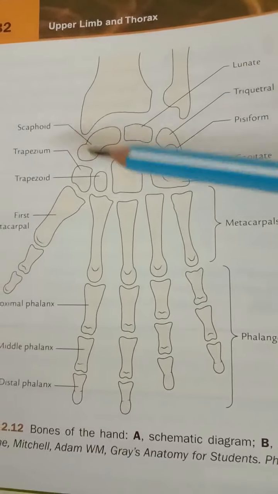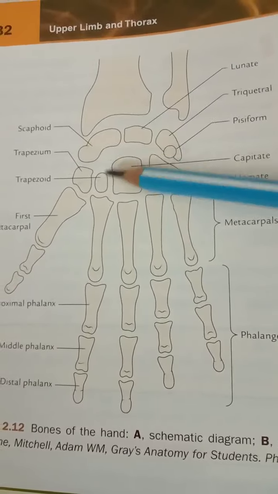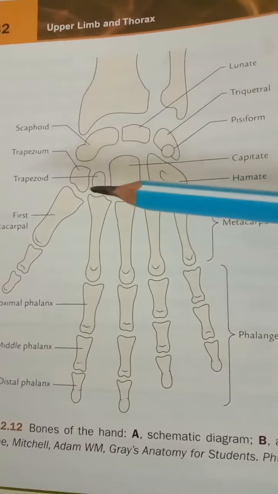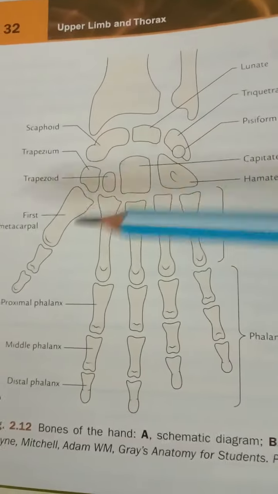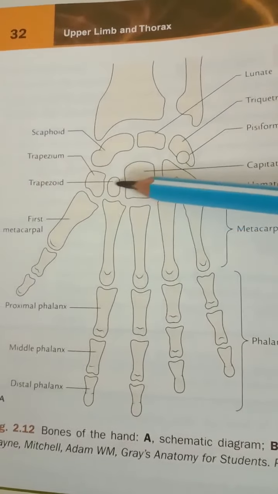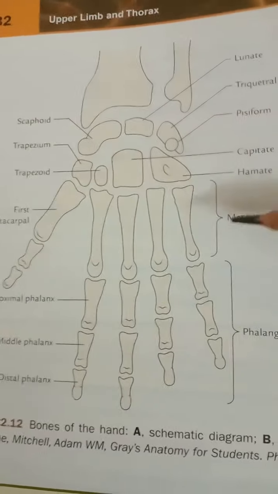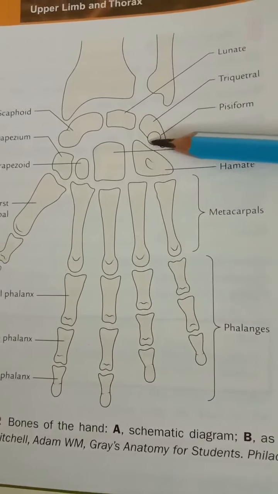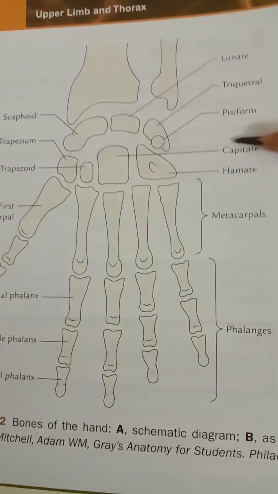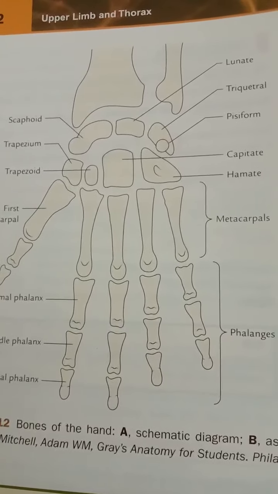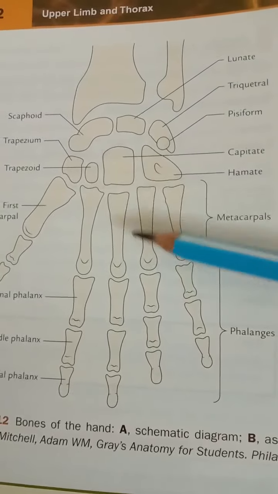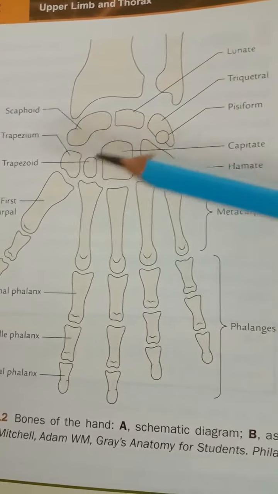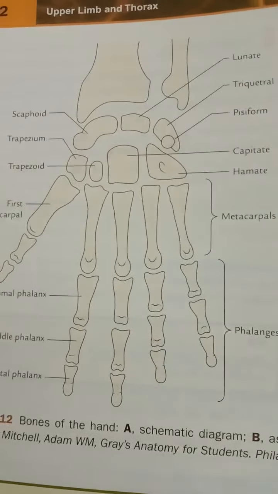The scaphoid bone in the fifth year. The trapezium in the sixth year. The trapezoid in the seventh year, and the pisiform bone in the 12th year. So these are the centers of ossification of the carpal bones.